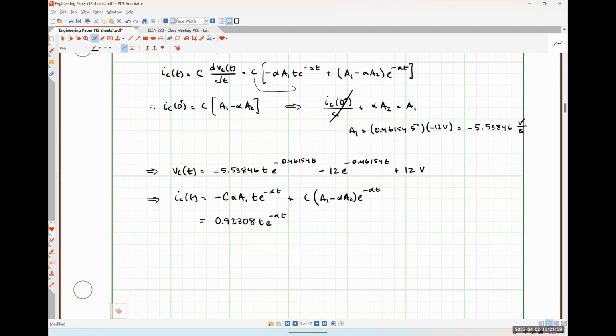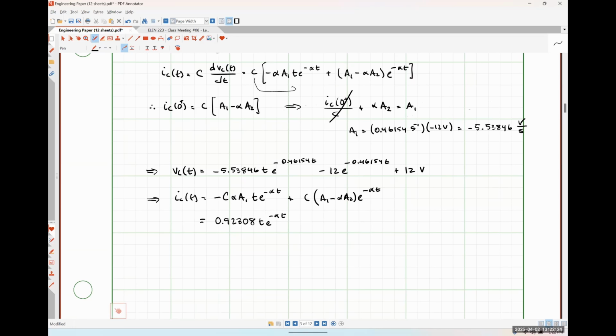And then I'm going to have the second term is going to be C. So that's 13 over 36 multiplied by A1, that negative 5 point blah, blah, blah thing, which I just stored in my calculator as Y so that I don't have to make this mistake again.